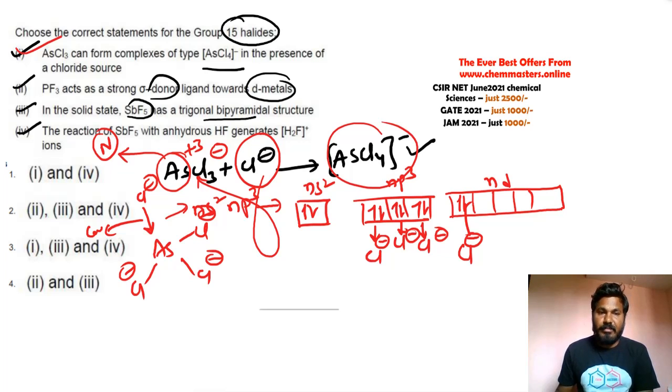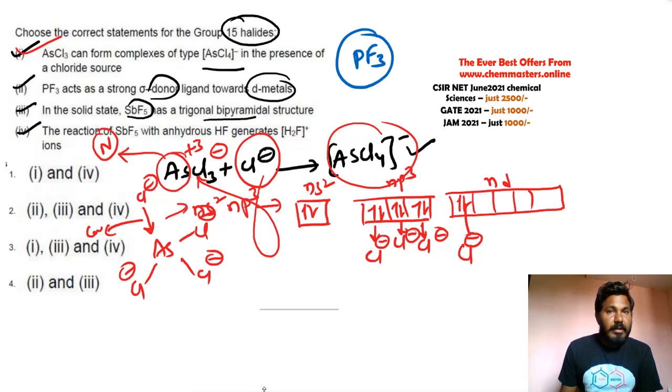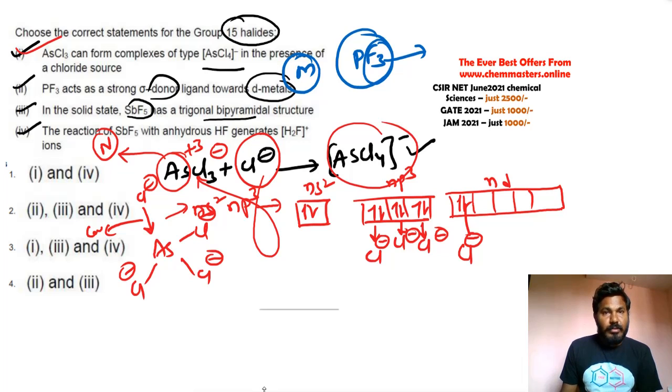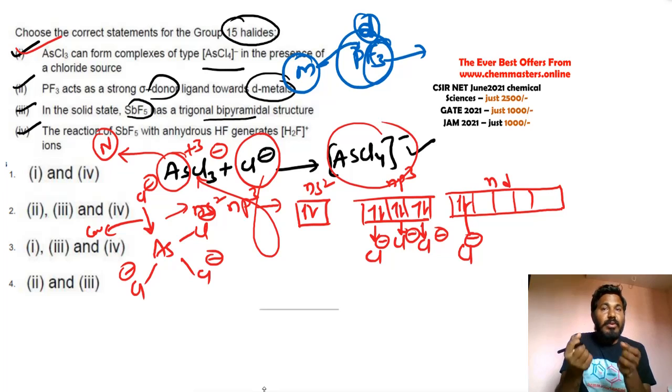Now just look at the second statement, where we have trifluorophosphine. We know that fluorines are more electronegative, that's why they always drag electrons towards them from the phosphorus. So whenever it is coordinated with the metal, the electrons from the metal are dragged into the empty d orbital of the phosphorus because of the more electronegative fluorines on the phosphorus.